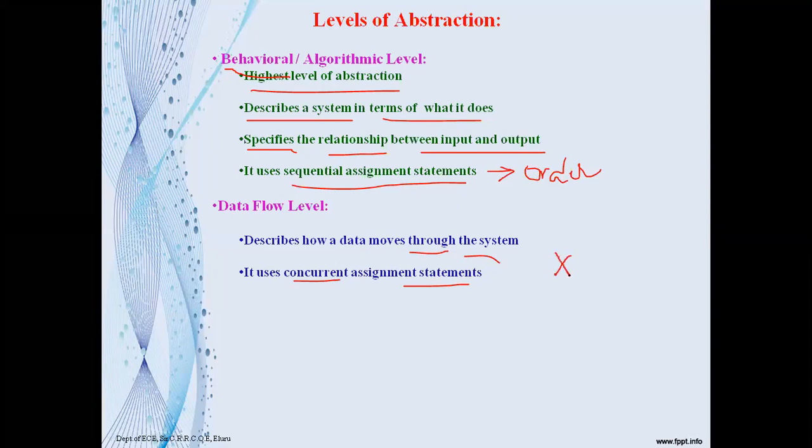Example: let X be an output, and you assign to this X signal A or B. What is the meaning of this statement? X is an output, A and B are inputs, A and B are logically ORed, and the output is assigned to the signal X. So X, A, B are the signals, OR is the function implemented by the circuit, and the output is assigned to X.